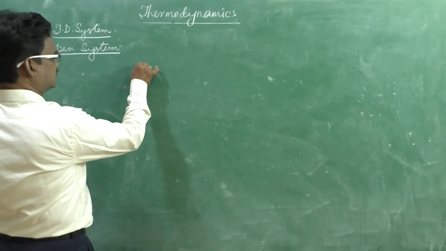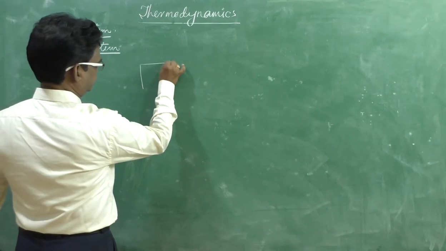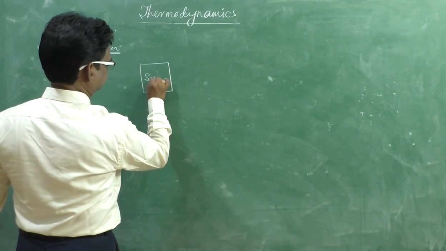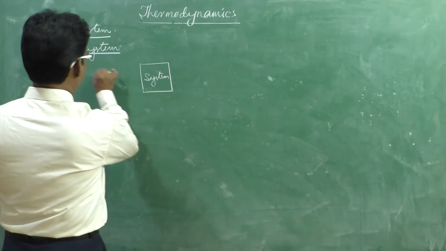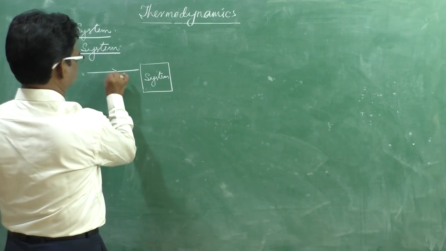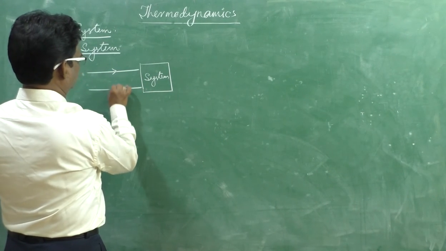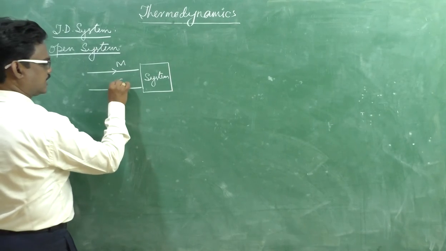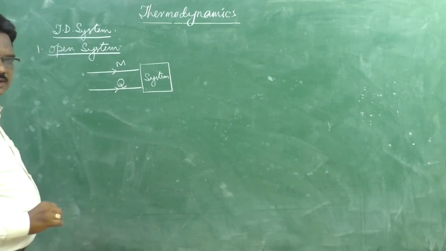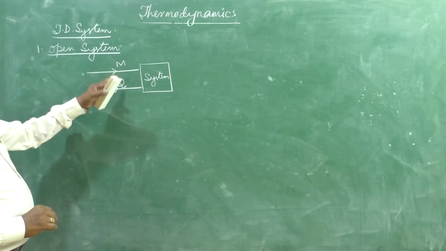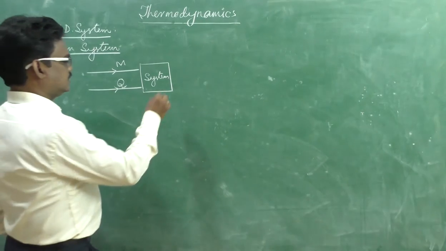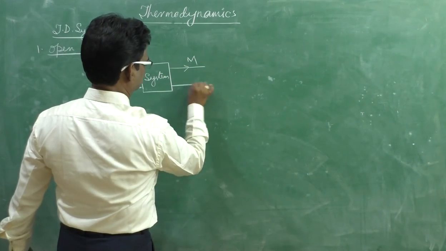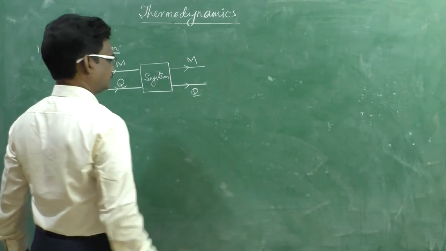Suppose you consider this is a system, and into the system, this is the line which indicates mass, and this is the line which indicates heat energy. M for mass, Q for heat energy. Now from the system, this is mass leaving and this is Q leaving.